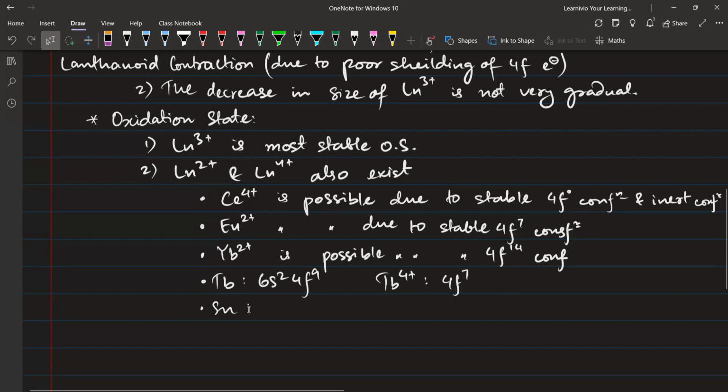Then you have Sm, which is having 6s2 and 4f6. Now, in this case, 4f, I think it is 8. In this case, Sm3 positive is very stable because of 4f7 configuration.